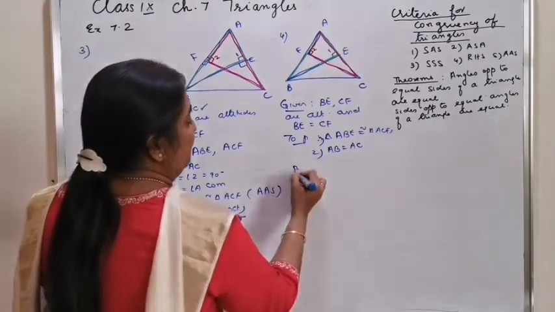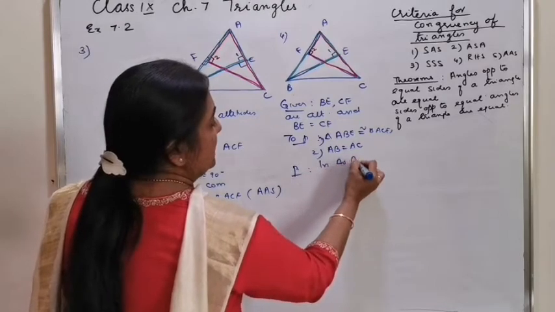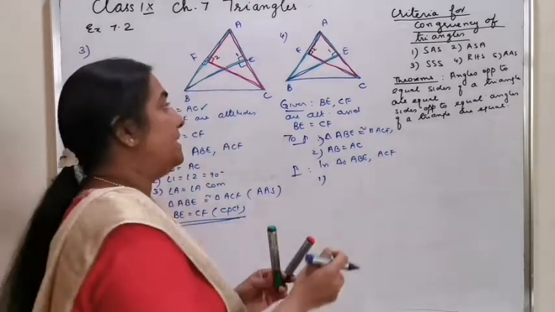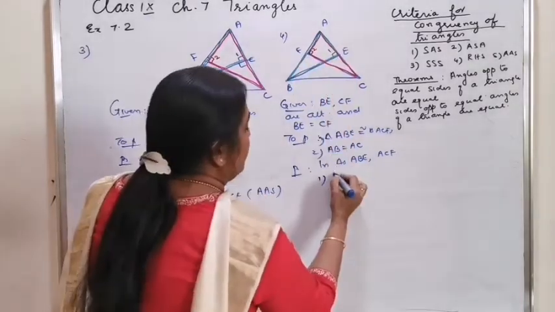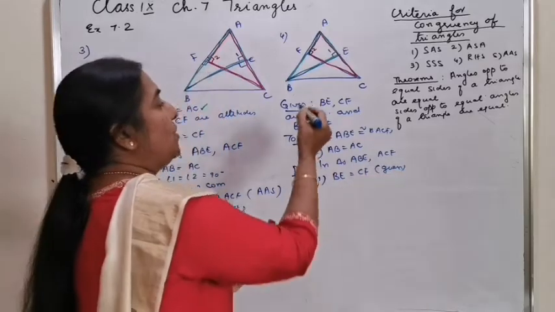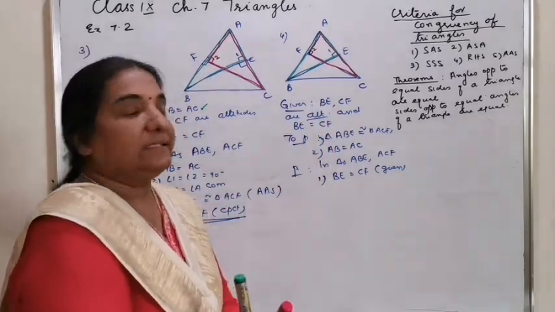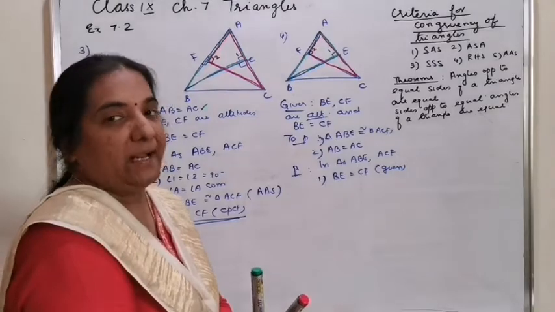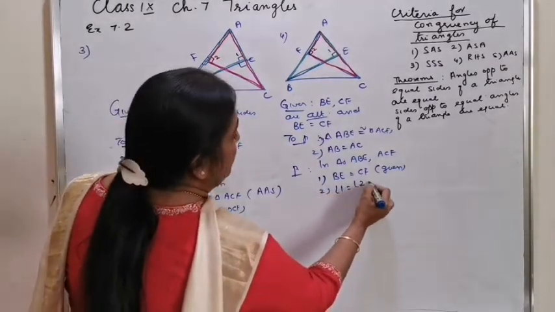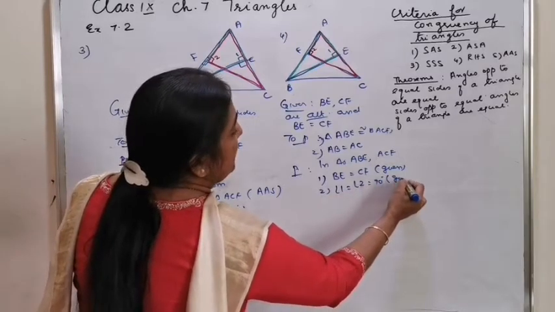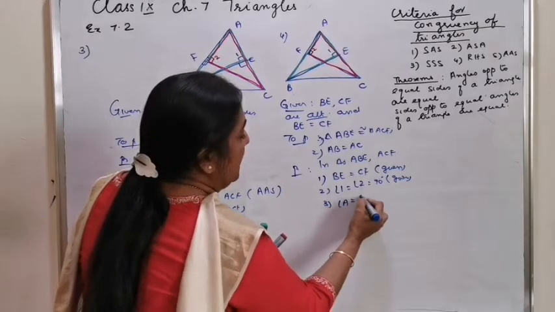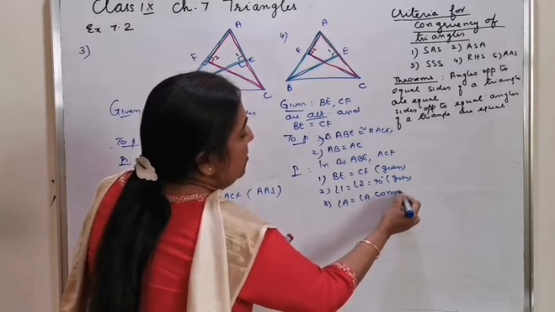So the proof as in triangles ABE and ACF, condition number 1, BE is equal to CF. It's given. The word altitude says that the angle formed as angle 1 and angle 2 as 90 degree. Number 2, angle 1 is equal to angle 2 is equal to 90 degree is also given. The same common angle, angle A is equal to angle A common.